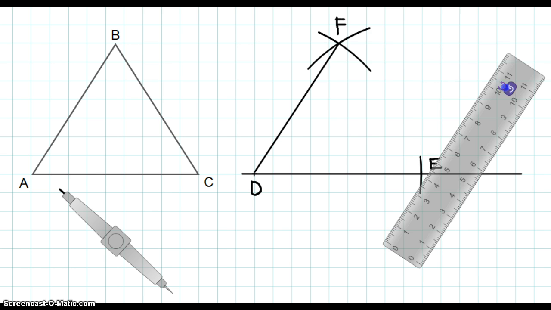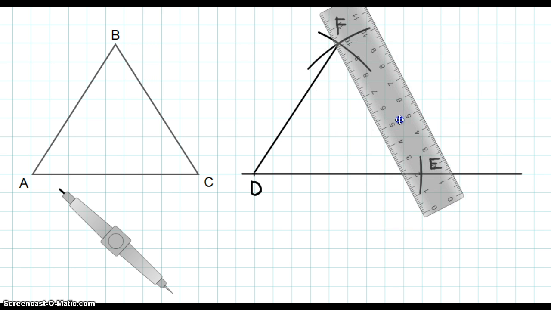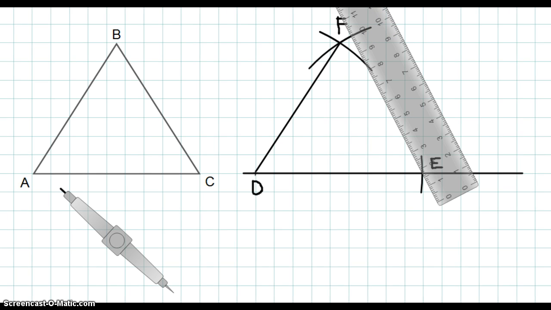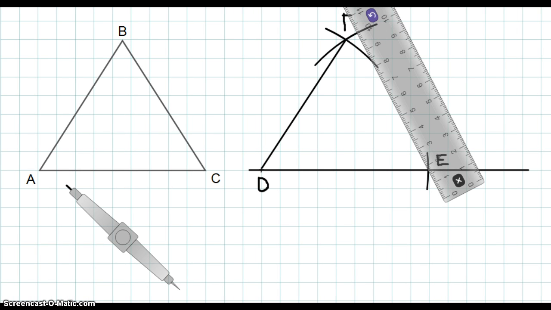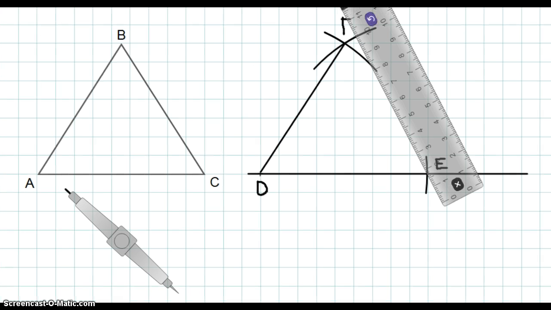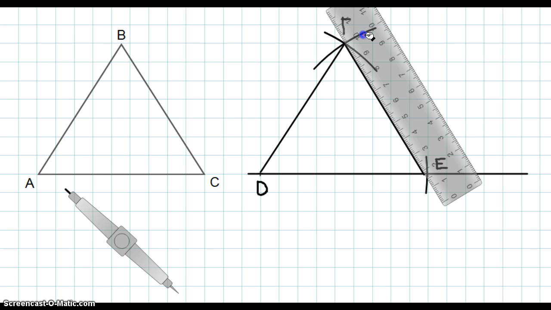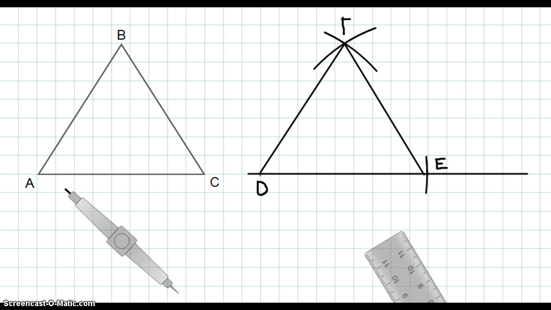Now all we've got to do is finish up our congruent triangle. So I'm going to connect E and F, like that. And now, last thing, let's check if those two triangles are congruent.